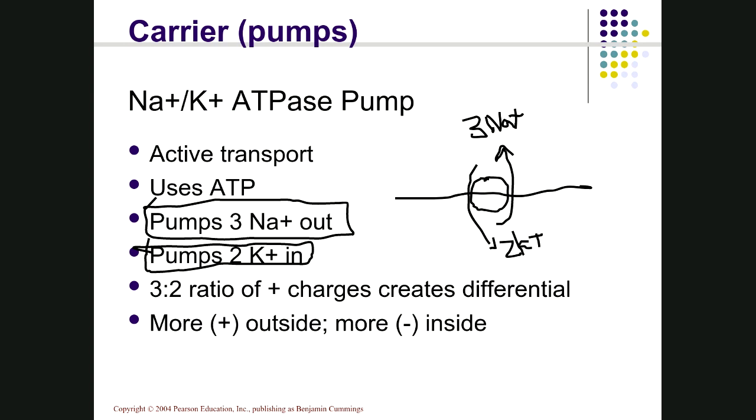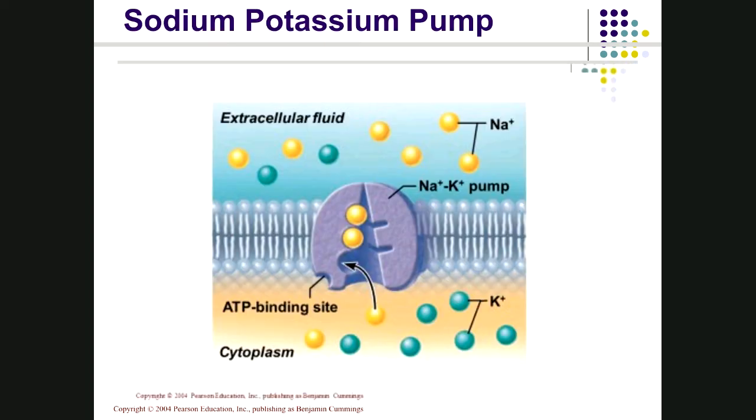And it's going to use an ATP in order to power that. So when you look at it, there's the 3 sodiums. It's going to pump them out. And then it's going to turn around and bring 2 potassiums back in. 3 sodiums out, 2 potassiums in.